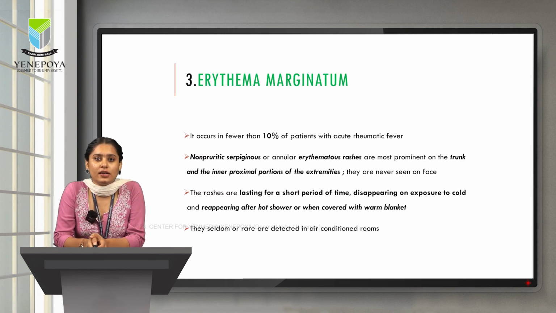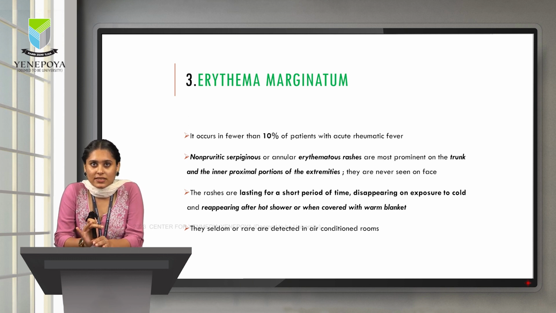Moving on to the third major criteria, that is erythema marginatum. It occurs in fewer than 10% of the patients who are affected with rheumatic fever. It is a non-pruritic, serpiginous rash, which means that it doesn't itch. It will not be an itchy rash, it will just be present.